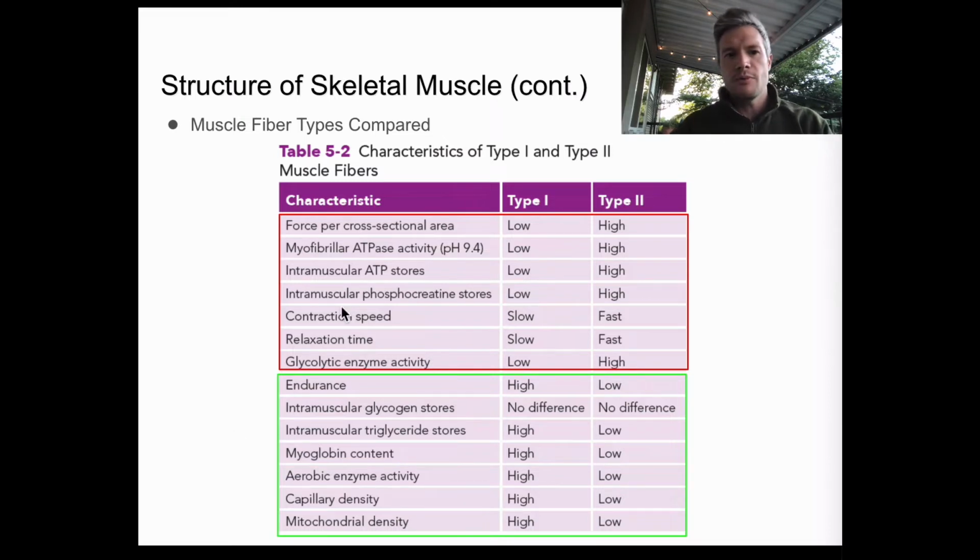In brief, because we'll cover some aspects of this in greater detail later, there's more force per cross-sectional area for type 2 muscle fibers.